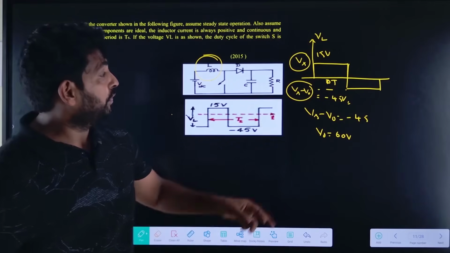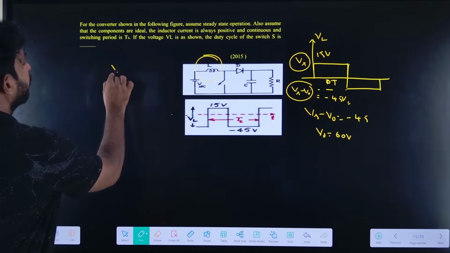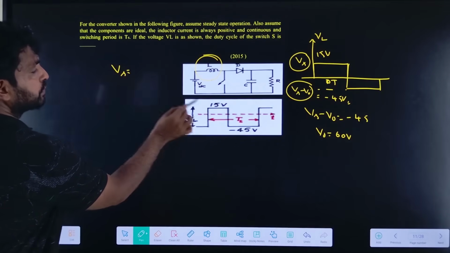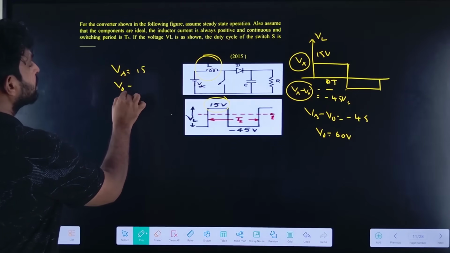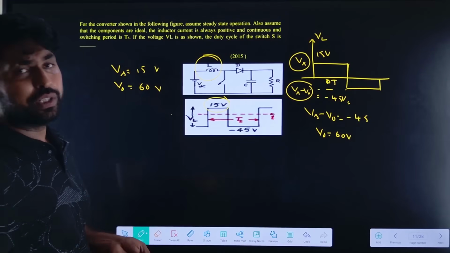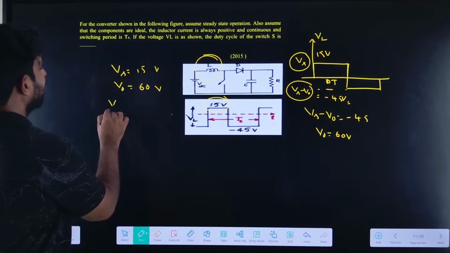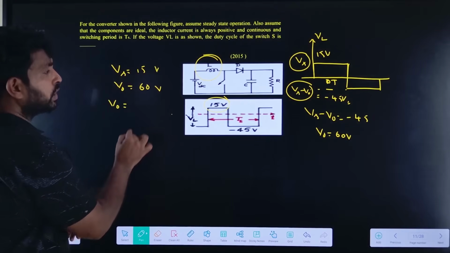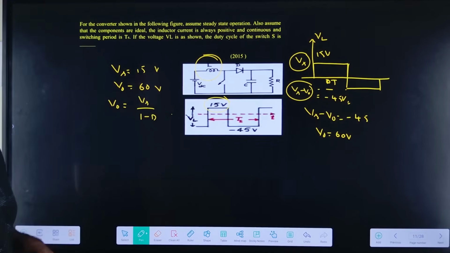Now we have the Vs value, 15 volts, and V0, 60 volts. So now we need to find the duty cycle. How can we find it? Very simple. V0 equals Vs by 1 minus d.